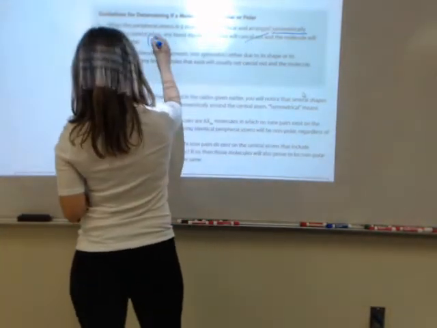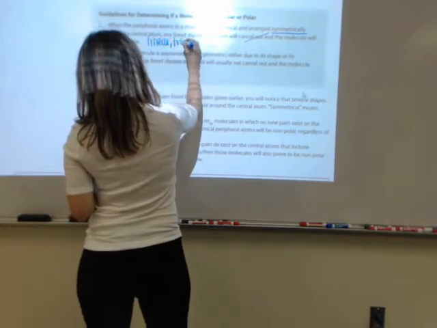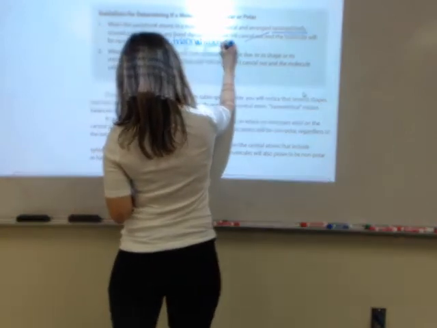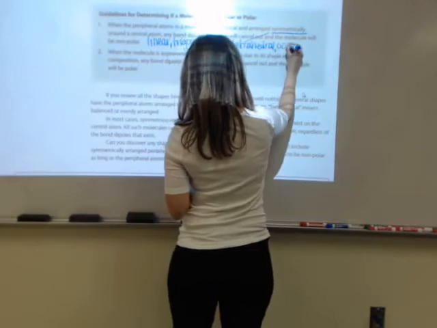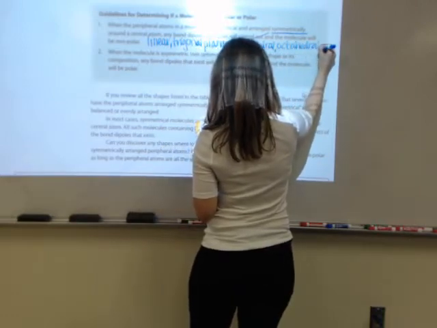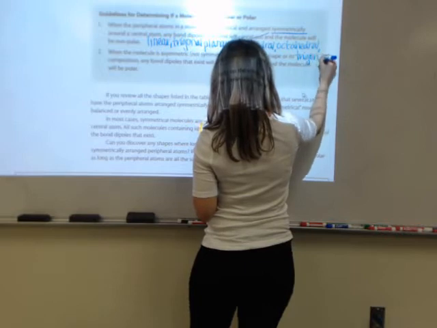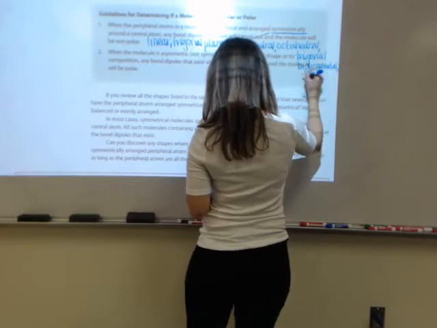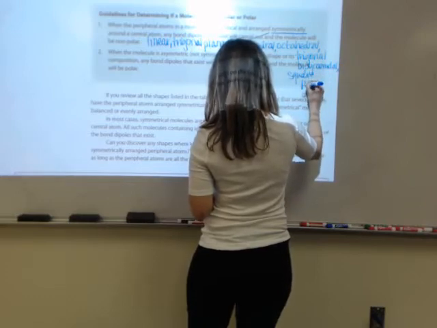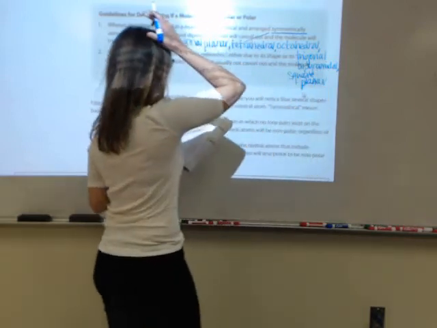Well, if it is linear, trigonal planar, tetrahedral, octahedral, trigonal bipyramidal, or square planar, then it is symmetrical. If the molecule is asymmetric, either due to its shape or composition, any bond dipoles that exist will not cancel typically, and the molecule is polar.